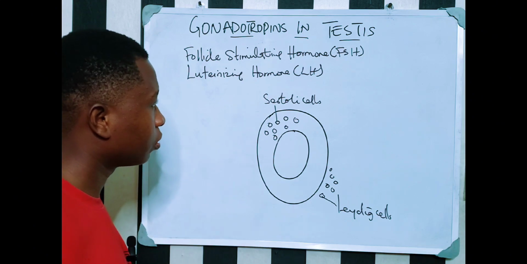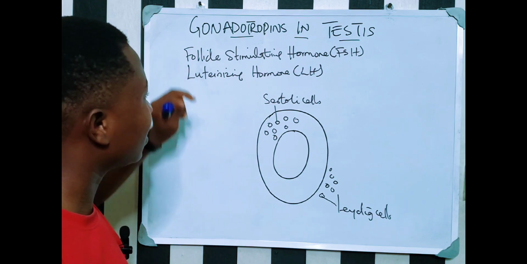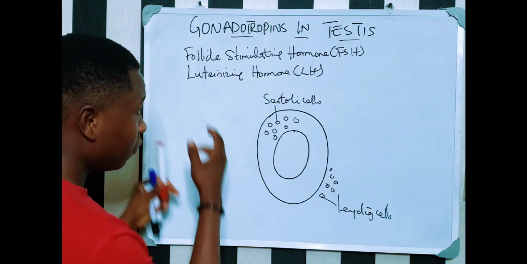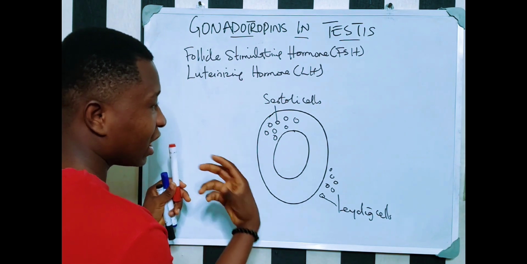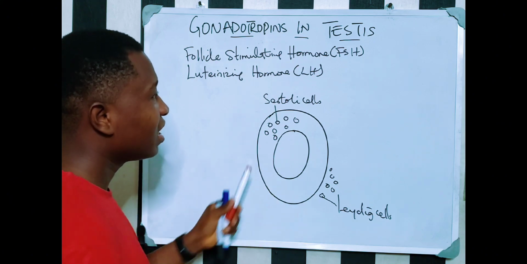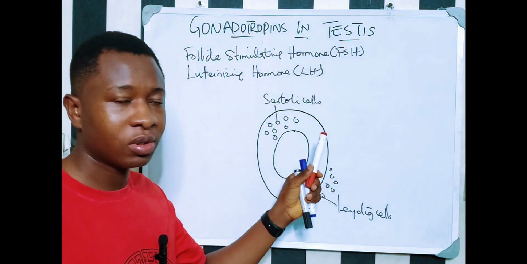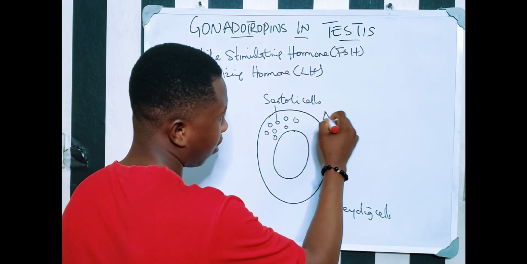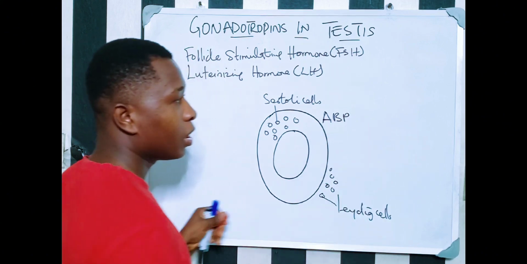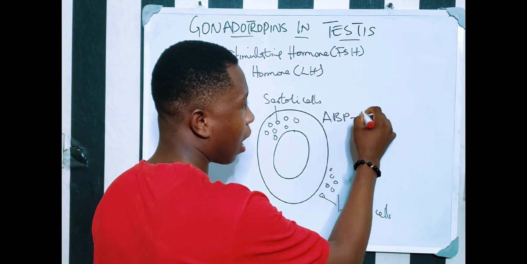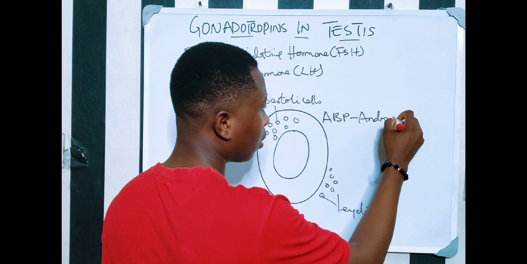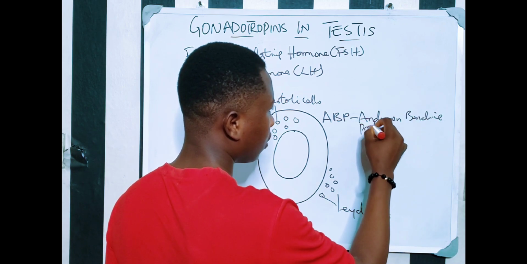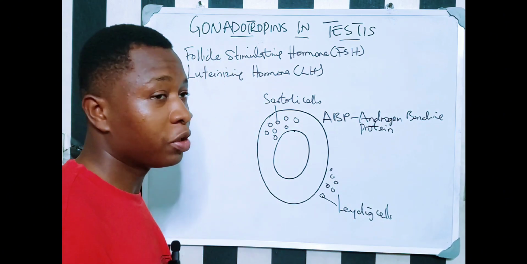Right? Now let's see the function of the follicle stimulating hormone and luteinizing hormone in the production of sperm cells. What the follicle stimulating hormone does in the testes is that it stimulates the Sertoli cells to produce what we know as ABP, androgen binding protein.